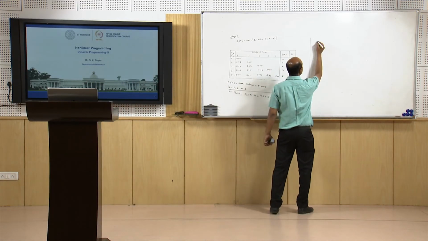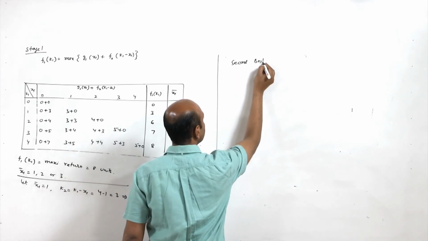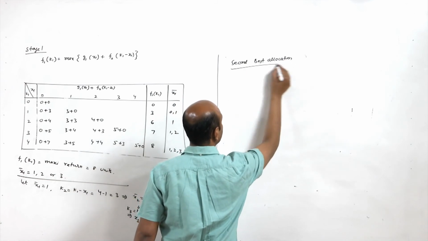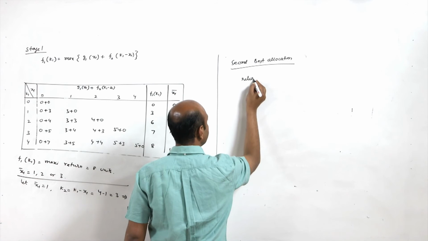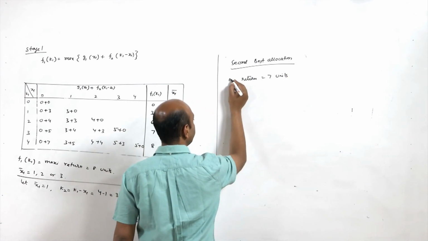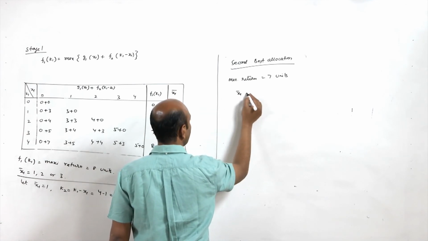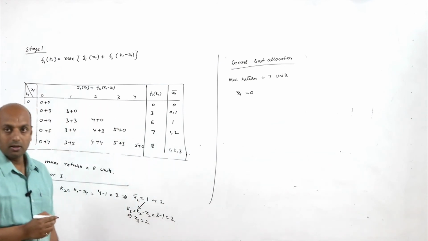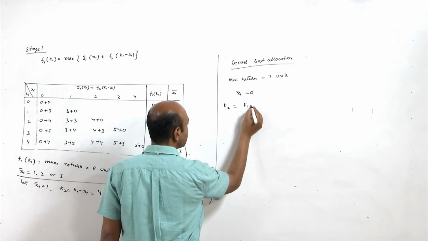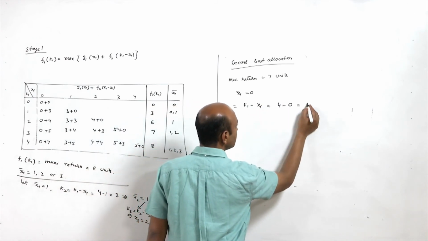So for the second best allocation, the return is 7 units, and for that x1 bar is 0. Again we find K2, which is K1 minus x1, and K1 is 4, minus x1 which is 0, which is 4.